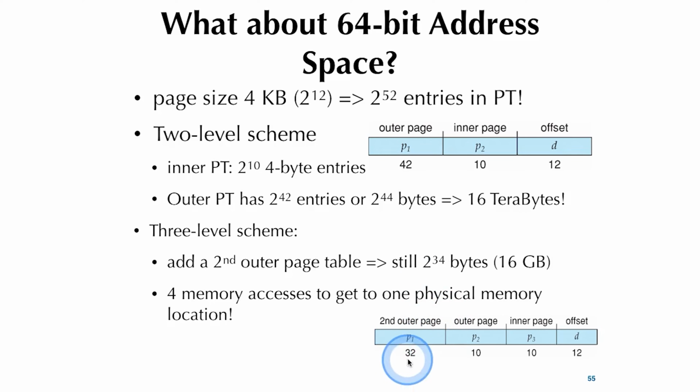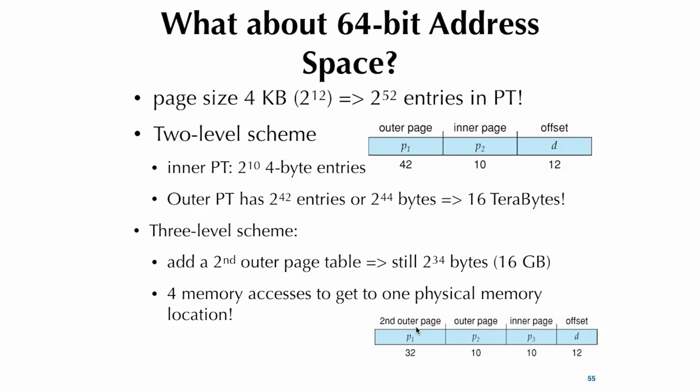So the idea here is you would allocate one, which in this case is the second outer page table, and you allocate the inner ones on demand. So if you never even touch any of the inner parts, then you don't even allocate those.